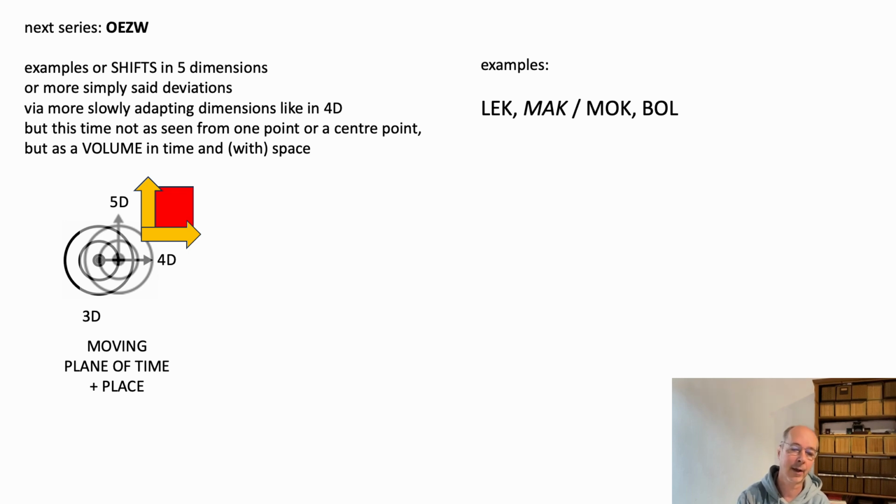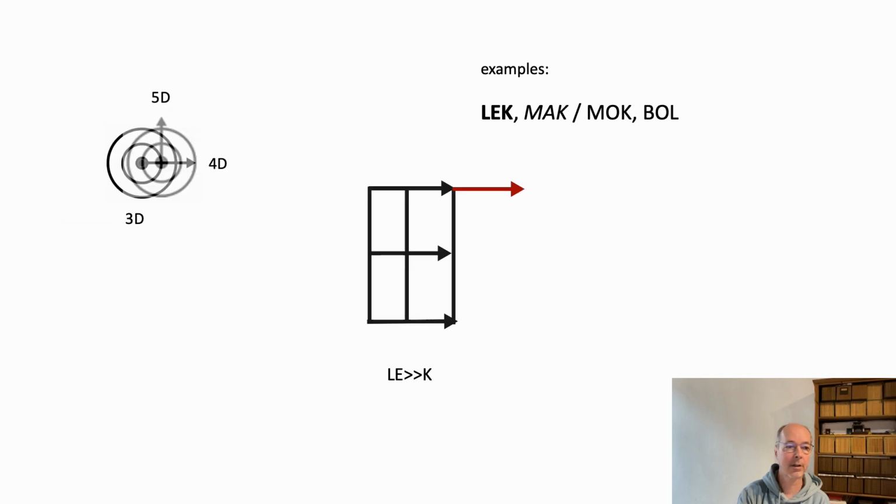Examples: lek. Mak was not a good example, but I made it up quickly, this word mok, which is using one of these letters. So I compare mak with mok and bol. And I will tell you what these letters are about, because these are Dutch words.